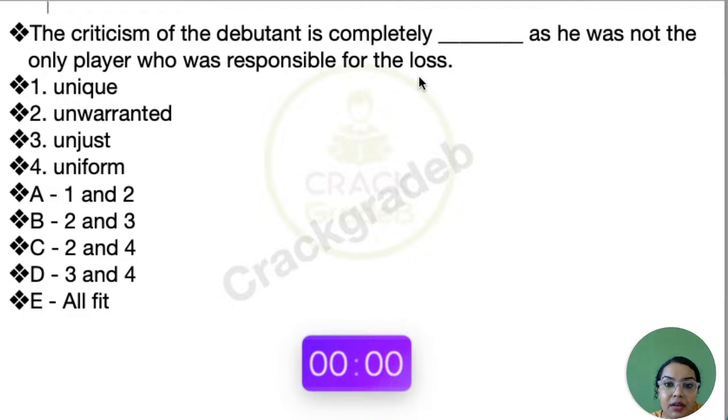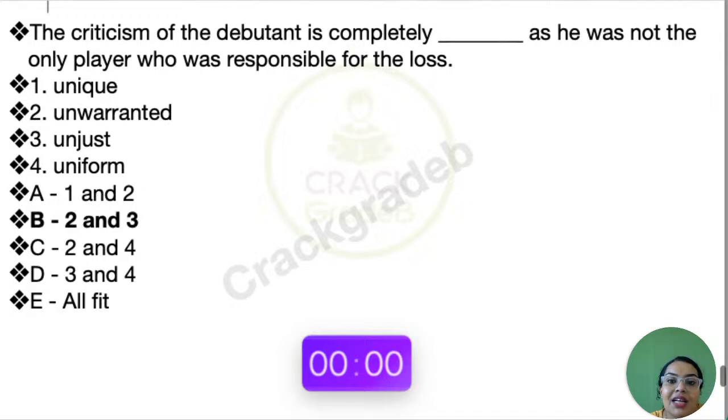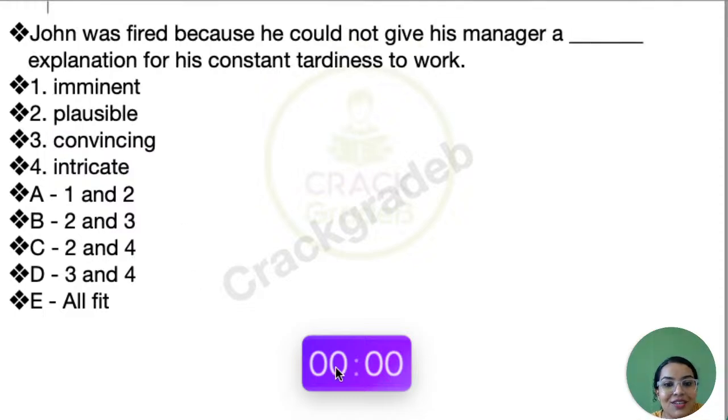Okay, so like a player. Anyways, the answer here was the second and third one, B. So the criticism is completely unwarranted and unjust. It is not something we can justify. It is unfair, and the reason is he was not the only player who was responsible for the loss. That's why the criticism is not fair. Unique and uniform are easy words, and I don't believe I need to give you meanings of these.